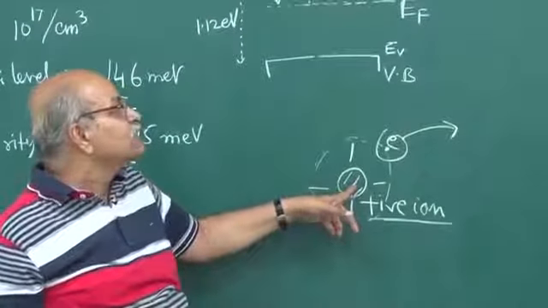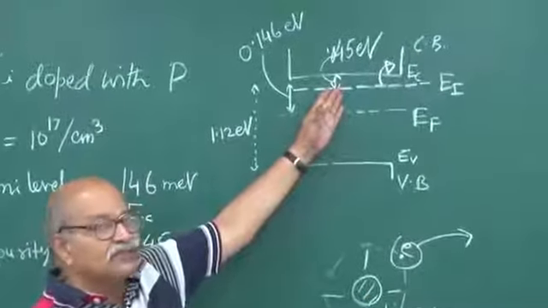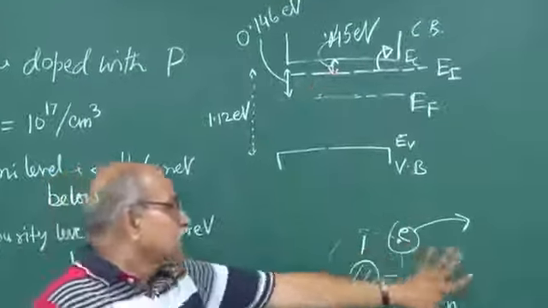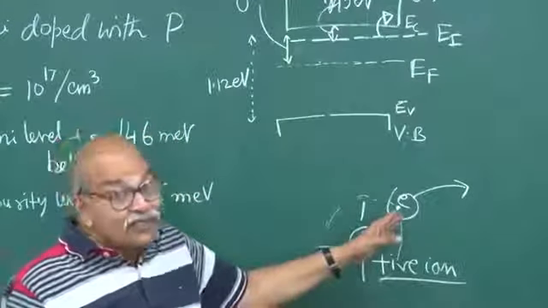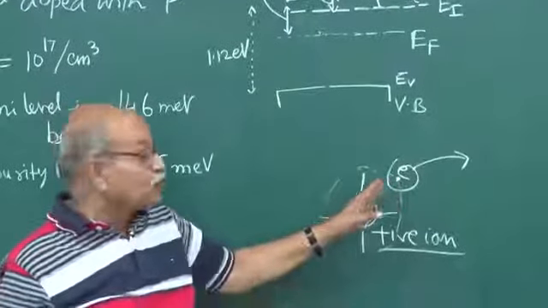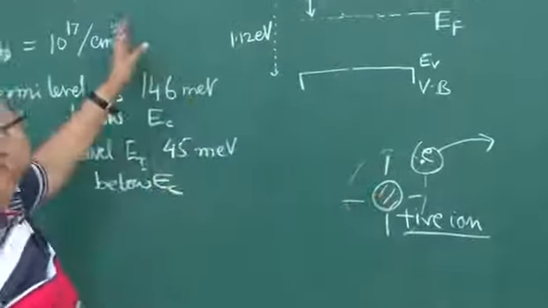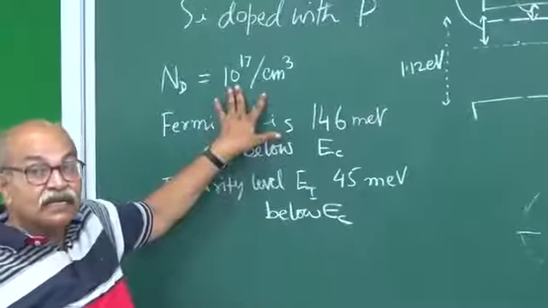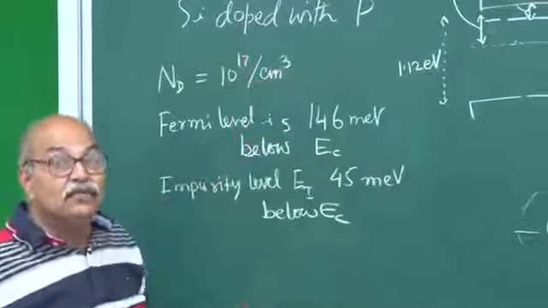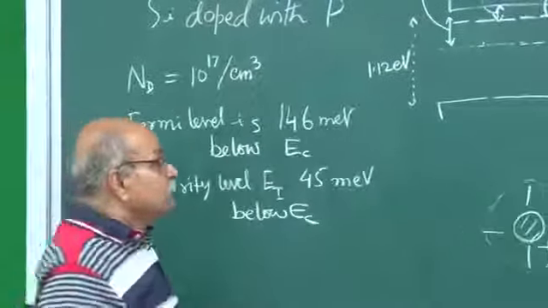So the question is, what percentage of the donor ions which are substituted in this crystal lattice are not ionized? Total number of donor ions per centimeter cube is given here. Out of these, how many are ionized and how many are not ionized, right?